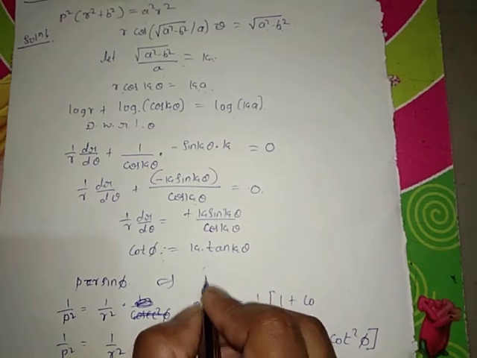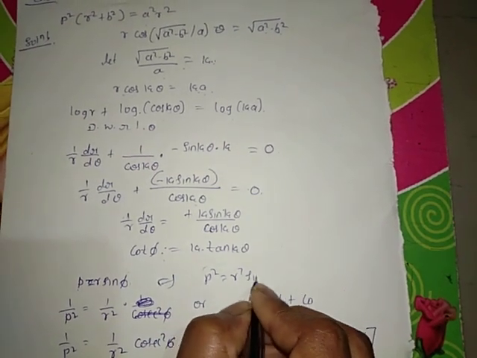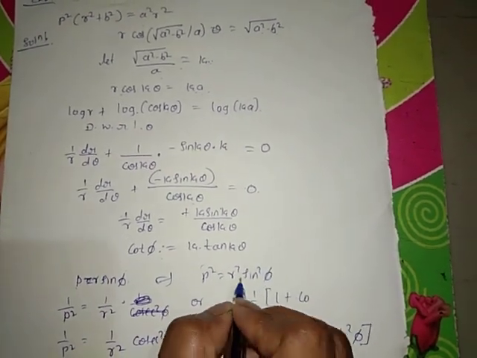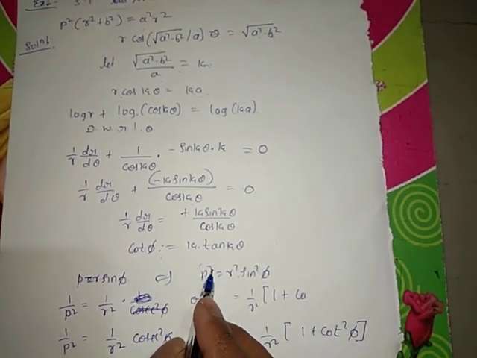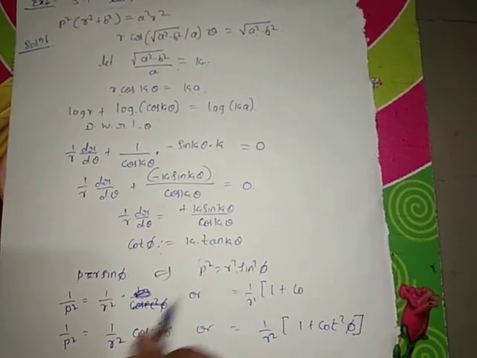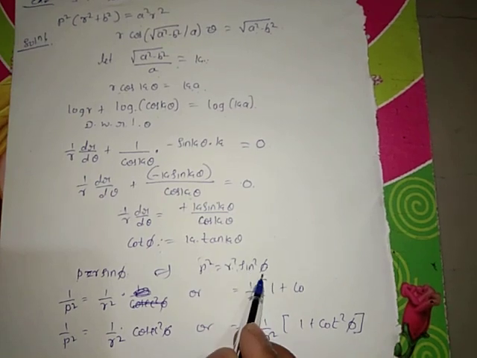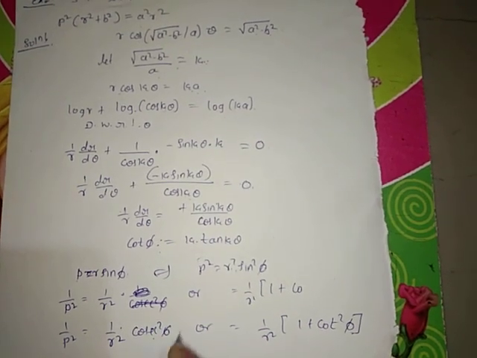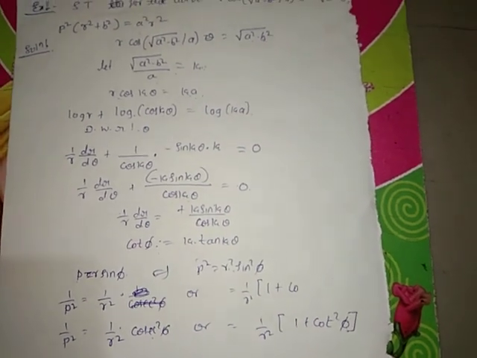Taking the square, p square equals r square sin square phi. Take the reciprocal. The reciprocal of p square is 1 by p square, the reciprocal of r square is 1 by r square, the reciprocal of sin square is cosec square. Cosec square equals 1 plus cot square.